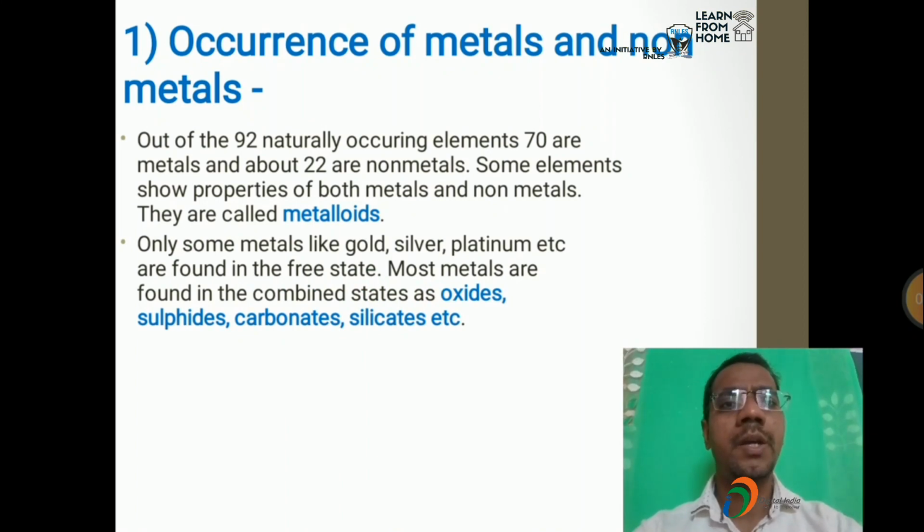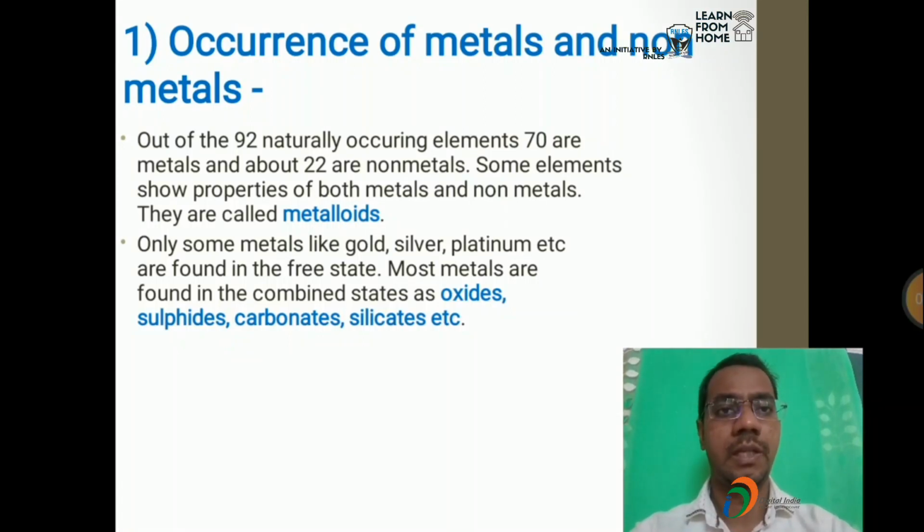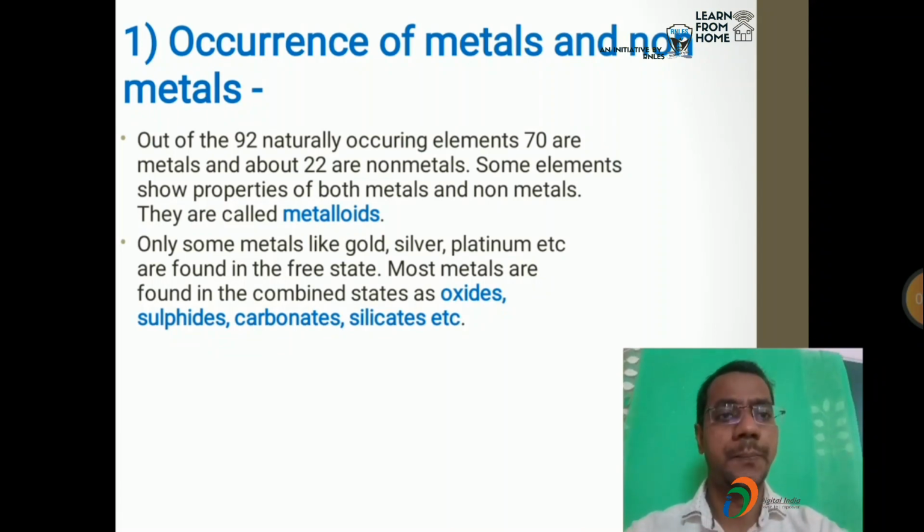Next, some metals like gold, silver, and platinum are found in a free state. Free state means they never combine with any other element. What is the symbol for gold? It is Au, silver is Ag, and platinum is Pt.